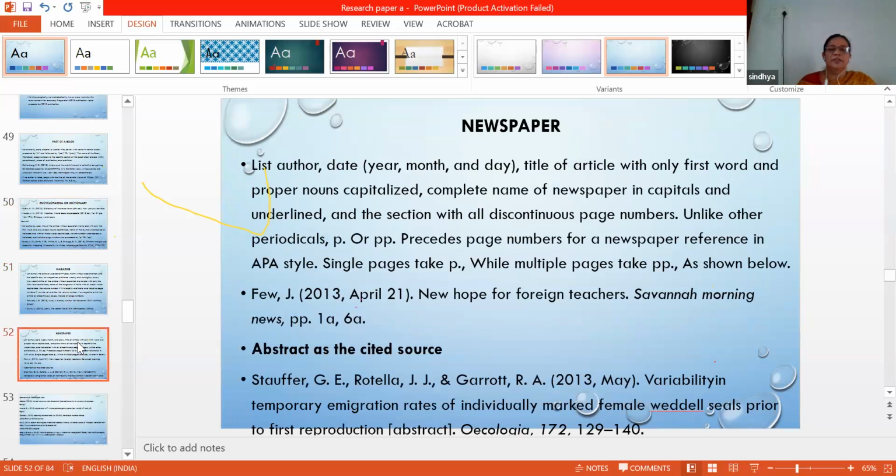Then newspaper. This is the format for a newspaper. Then an abstract as a cited source: the author's name, year of publication and month, and the title, then the source in which it is cited, and the page numbers.